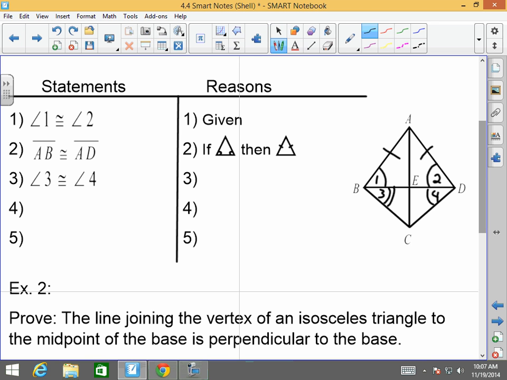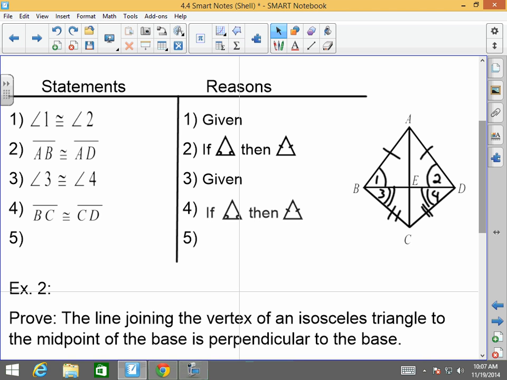That is given. Okay? Now, BC is also congruent to CD because if the base angles are congruent, then the legs are congruent as well.